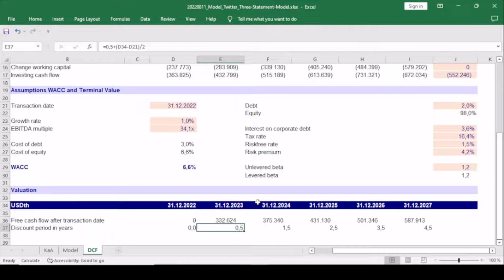Therefore, through mid-year discounting, we somewhat build an average or smoothing effect to compensate this over discounting. If you have, of course, a highly cyclical business, which is maybe very dependent on Christmas or other specific dates throughout the year, you could, of course, adjust your discounting period as well.